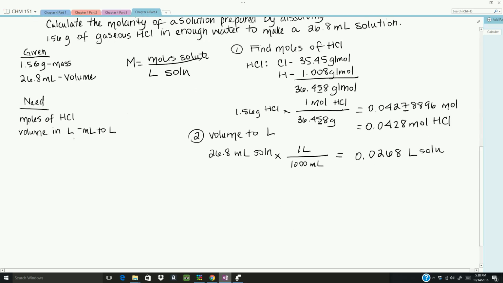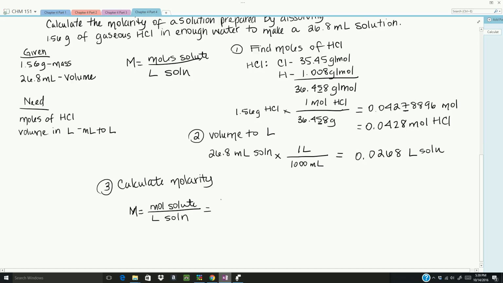Let me get a little bit more room. This is now going to be our last step: calculate molarity. Write out the formula again. The more you write it, the easier it will be to remember. So moles of solute per liter of solution.